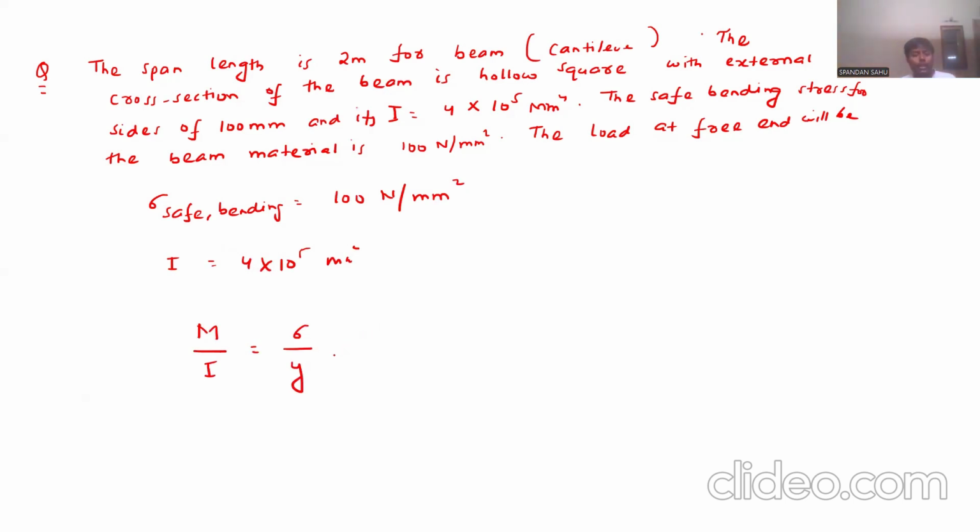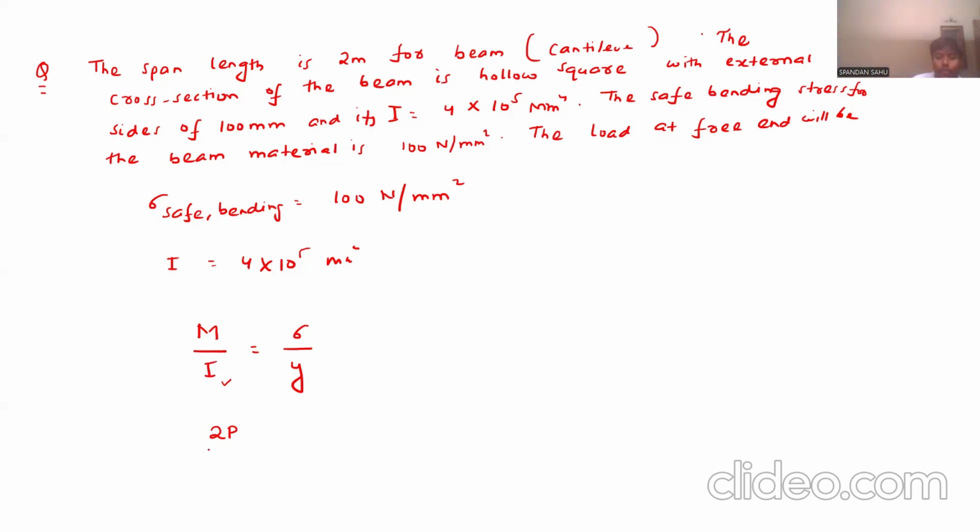Now you check, I is given, and the moment you have to calculate due to this point load at the far end, which is P. So if load is P and L is 2 meter, so 2 into P will be the maximum moment carried by this cantilever beam.